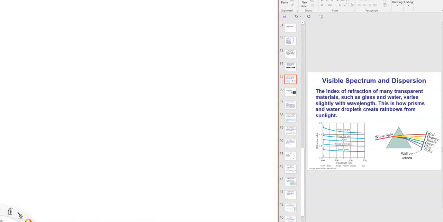So this amount of bending within a particular medium depends on the refractive index of the medium, plus it slightly depends on the wavelength as well. And that's why using a prism, you can separate visible light into its colors.